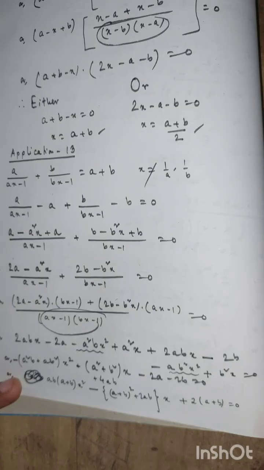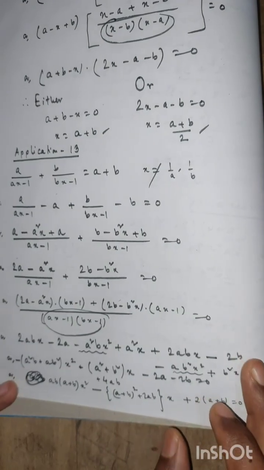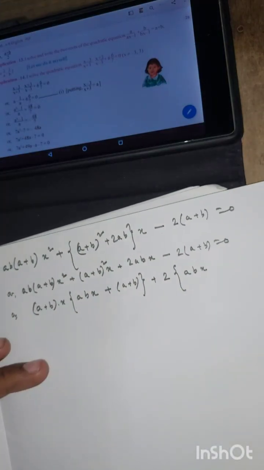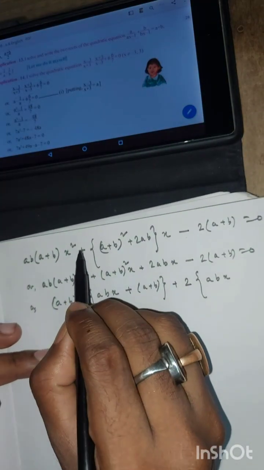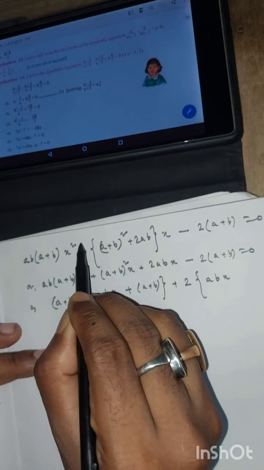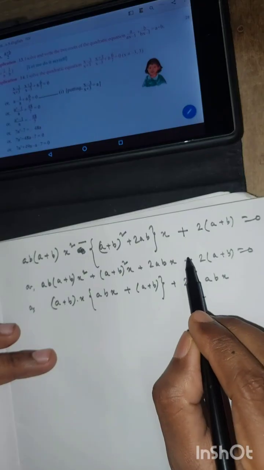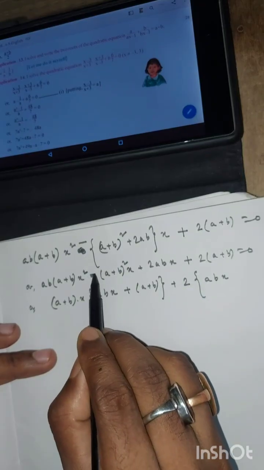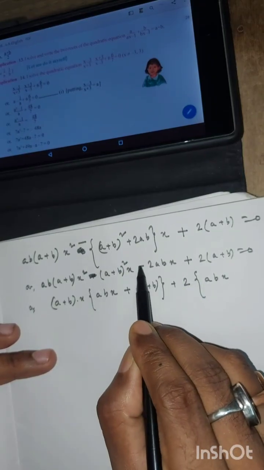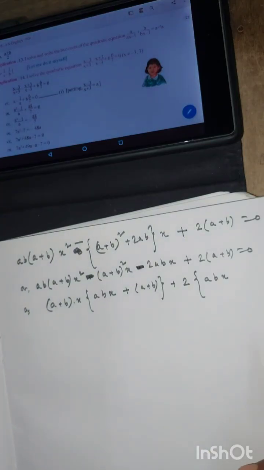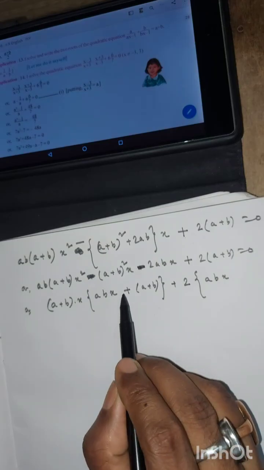Now if we break this middle term, we are getting, so this is negative and this is positive. Okay, this part is negative, this part is also negative, so this is negative.